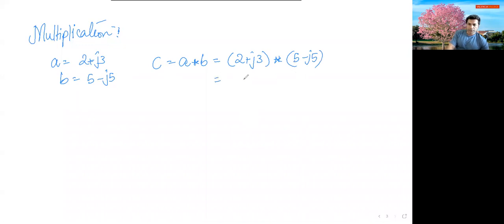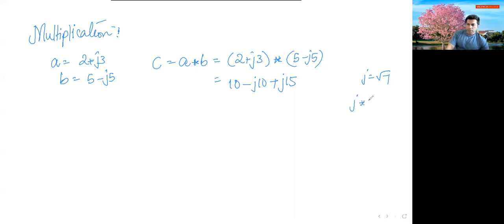So 2 times 5 is 10. 2 times negative j5 is negative j10. 3 times 5, 15, and plus, j is here, so j15. And then j3 minus j5. Okay, so j times j. Remember in the last video I told you, j or i is the square root of -1.